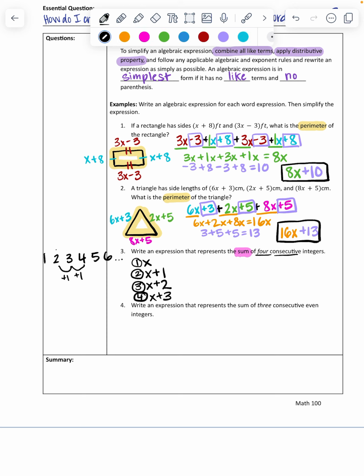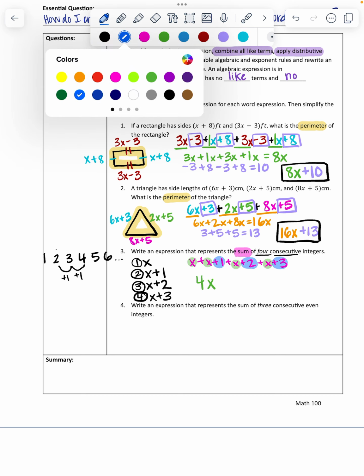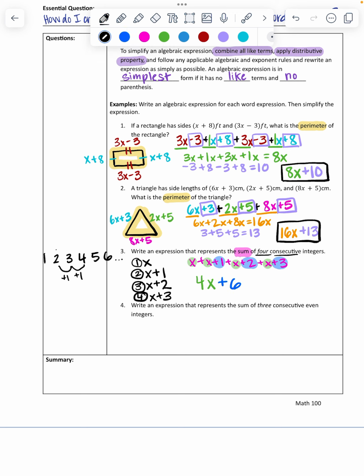So I'm going to be adding x plus x plus 1 plus x plus 2 plus x plus 3. There are 1, 2, 3, 4 x's, and 1 plus 2 plus 3 is 6. So the sum of 4 consecutive integers is 4x plus 6.